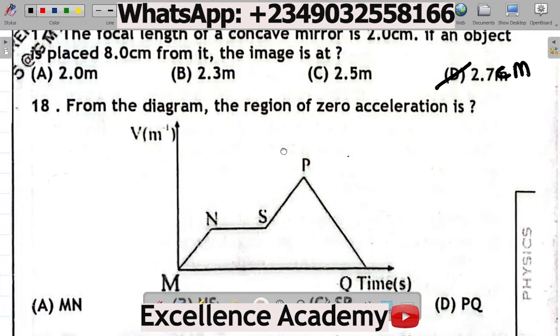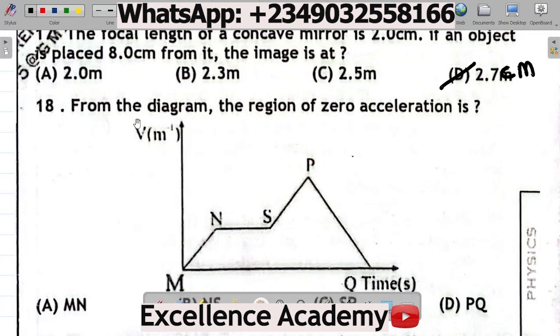Moving on, question number 18. 18 says, from the diagram, the region of zero acceleration is, so which of these has zero acceleration? Now, if there's acceleration, this will tilt upward from left to right. This shows acceleration. This is a VT graph, a velocity-time graph.